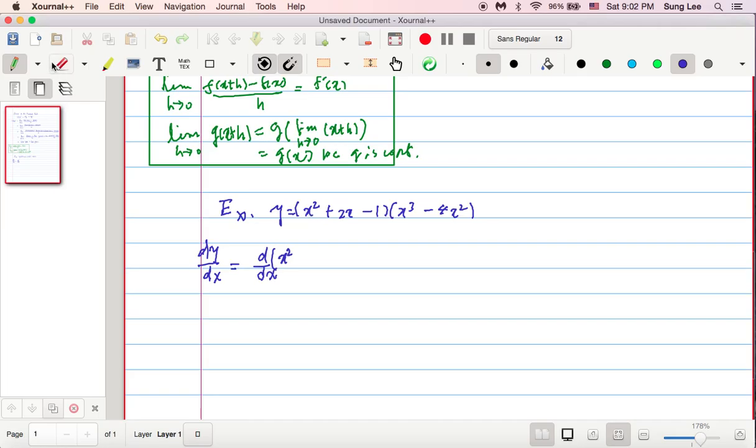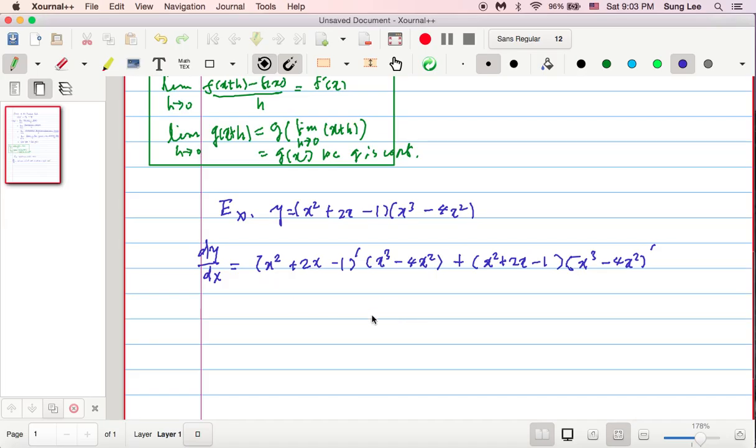Actually, I'm going to use prime notation: x squared plus 2x minus 1 prime, multiplied by x cubed minus 4x squared, plus x squared plus 2x minus 1 multiplied by x cubed minus 4x squared prime.